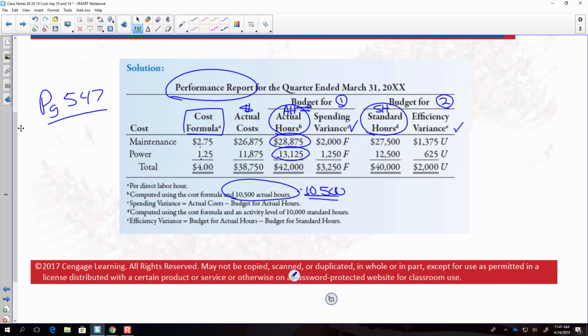Now, the allowed hours were 10,000, so that's how I get these numbers. I'm taking the 10,000 times the cost formula rates, using the SH hours, standard hours allowed for the actual production.